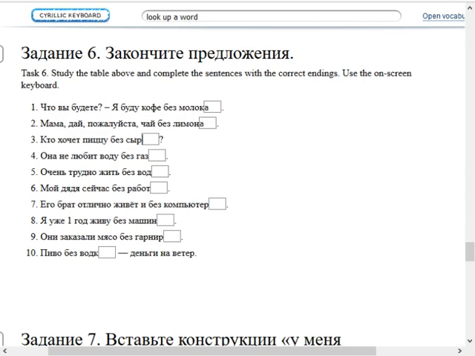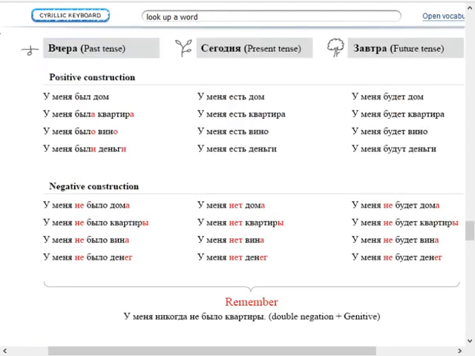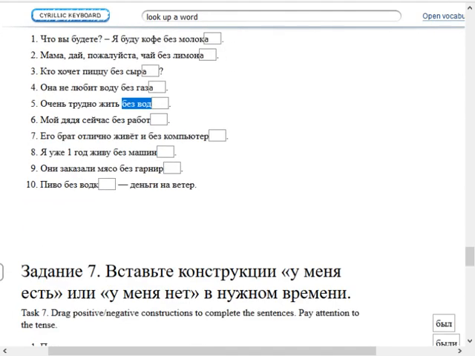And the same with сыр, because it also ends in a consonant. So actually, that's true for all of these, isn't it? Because сыр ends in a consonant, so it's сыра, без сыра. Газ ends in a consonant, so it's без газа. Вода ends in an a, so it becomes без воды.